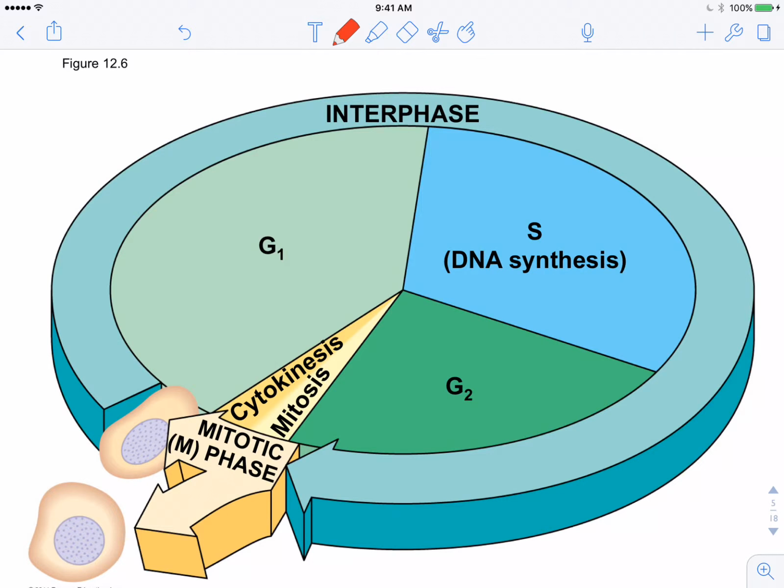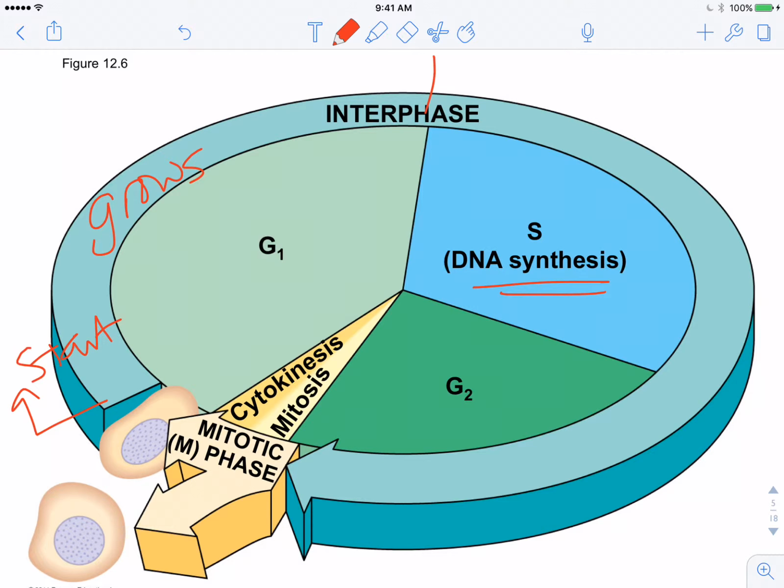So we normally set up the cell cycle like a clock. If we start here, after cell division, the cell grows through G1. Then as it enters into S phase, it will replicate its DNA.